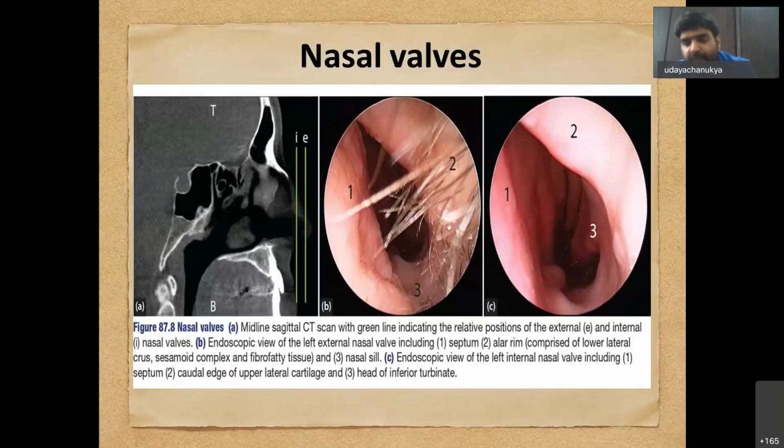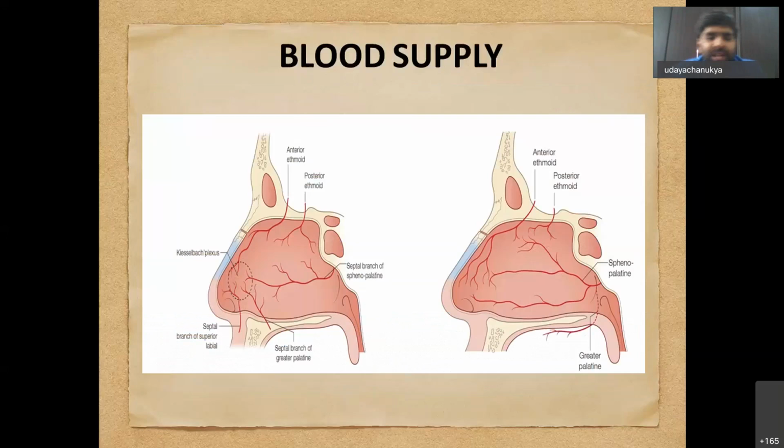Okay, next. Coming to the blood supply of the septum and lateral wall. More or less, the septum and the nasal lateral wall are supplied by the anterior and posterior ethmoidal arteries and sphenopalatine arteries, various branches, and a minor part is contributed by the greater palatine arteries.